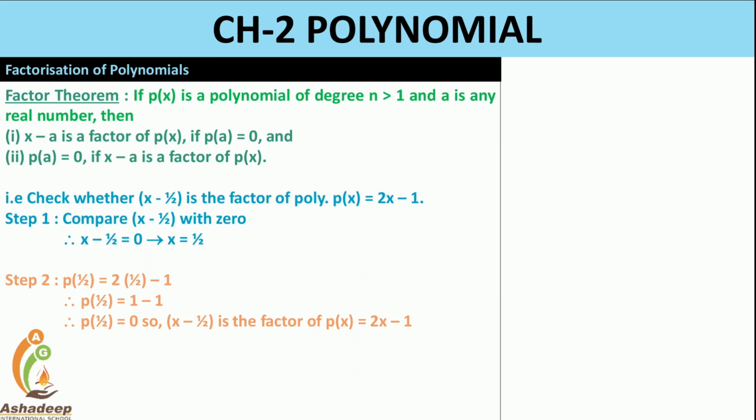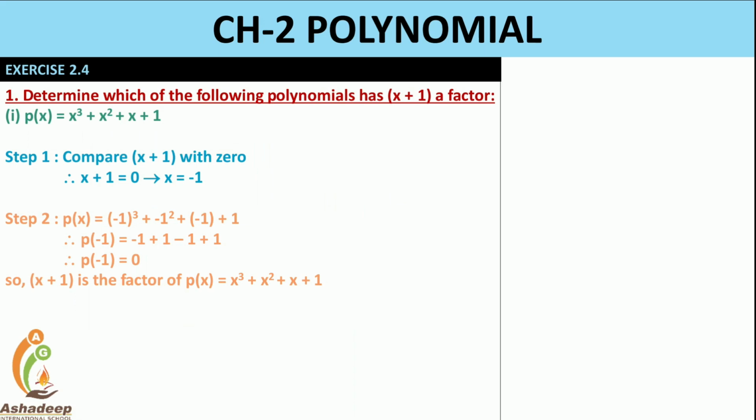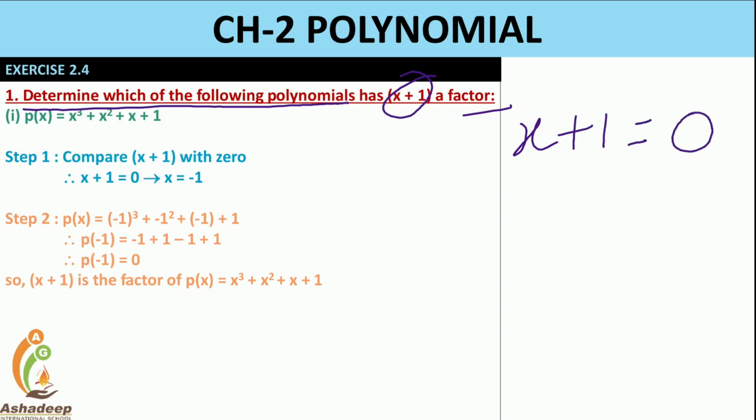Now let's move ahead with Exercise 2.4, question number 1. Determine which of the following polynomials has x plus 1 as a factor. If x plus 1 is to be a factor of the polynomial, then we have to compare it with 0.